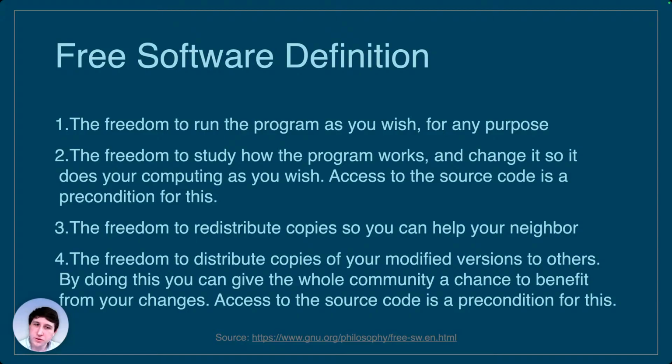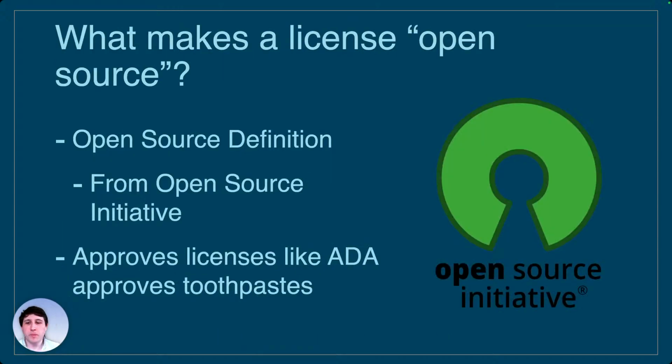Okay, but we're using the term free software. Free software is slightly different than open source software. Open source software has a different definition that has a lot in common, though, with the free software definition. And you might wonder who comes up with these definitions. In the case of free software, it was originally Richard Stallman, and it's the Free Software Foundation that maintains the idea of what is free software.